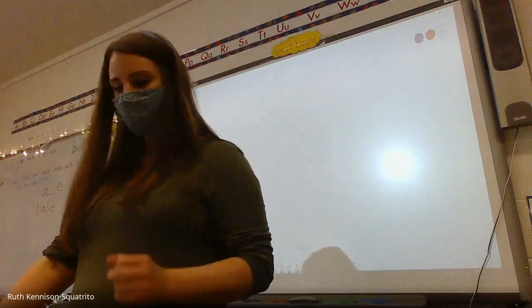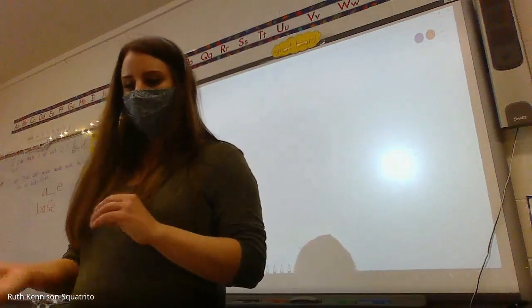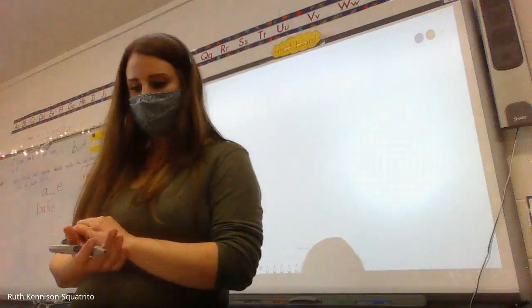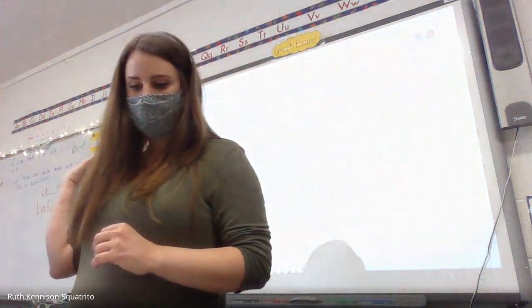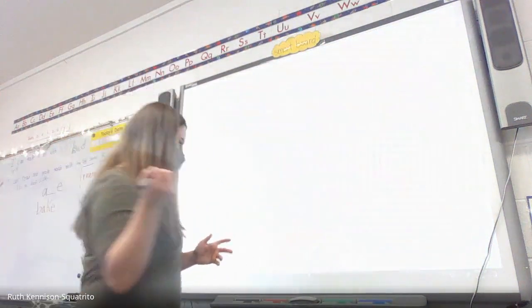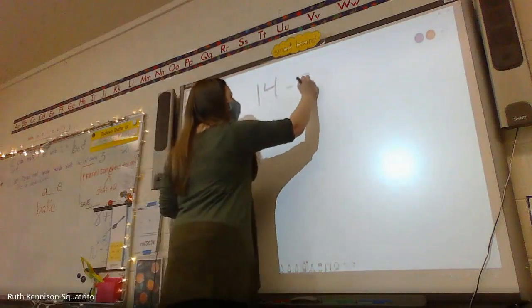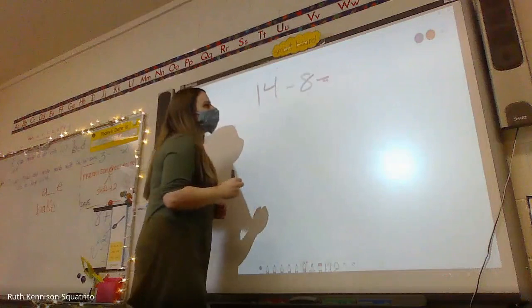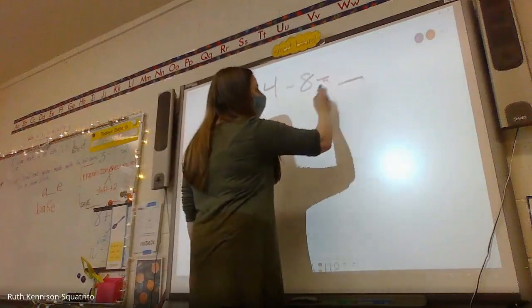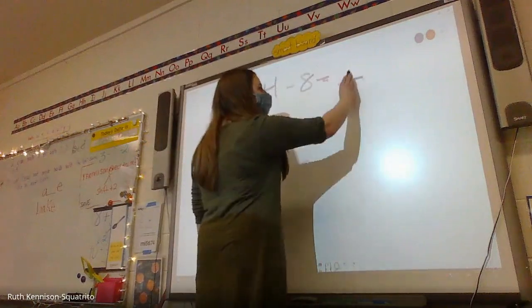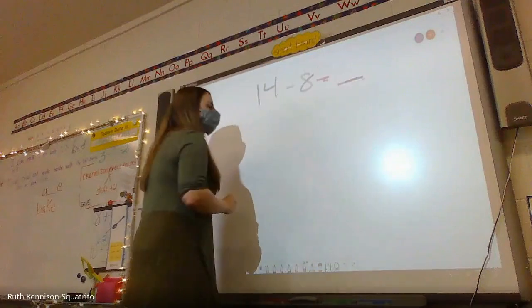So you guys, did you see how I wrote that 8 plus blank over there when I said, here's my thought as a subtraction problem, but you know the opposite of subtraction is addition, which is blank plus 8 equals 14.